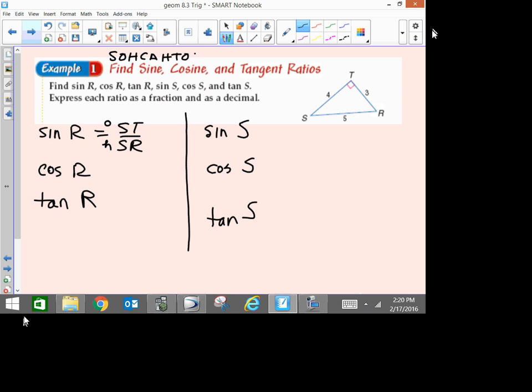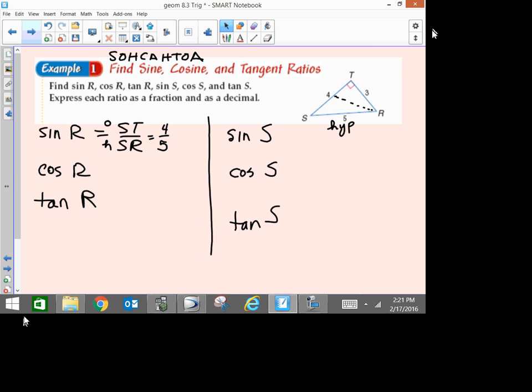So, opposite R. Here's opposite R. That looks good. And hypotenuse, I'm just going to label that hypotenuse right now so you don't forget that. Okay, so that looks good, which would really be 4/5. Okay, and as a decimal, that is 0.8. Good job. Okay, so that one's done.